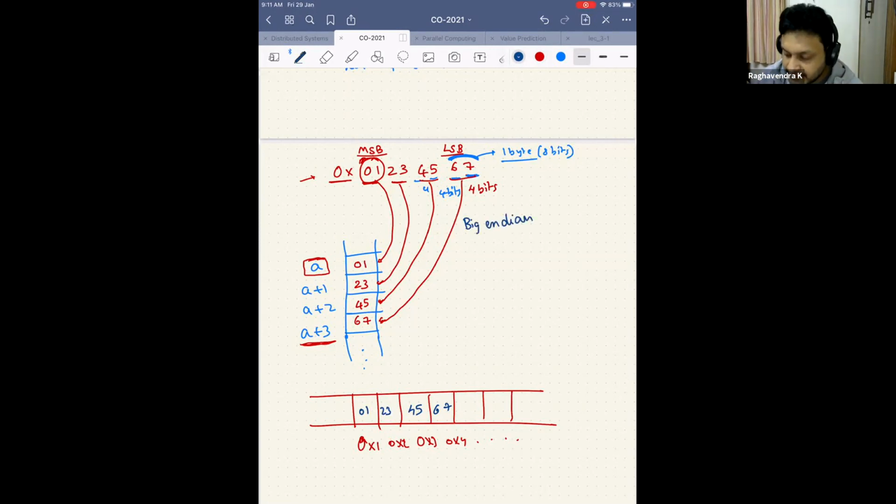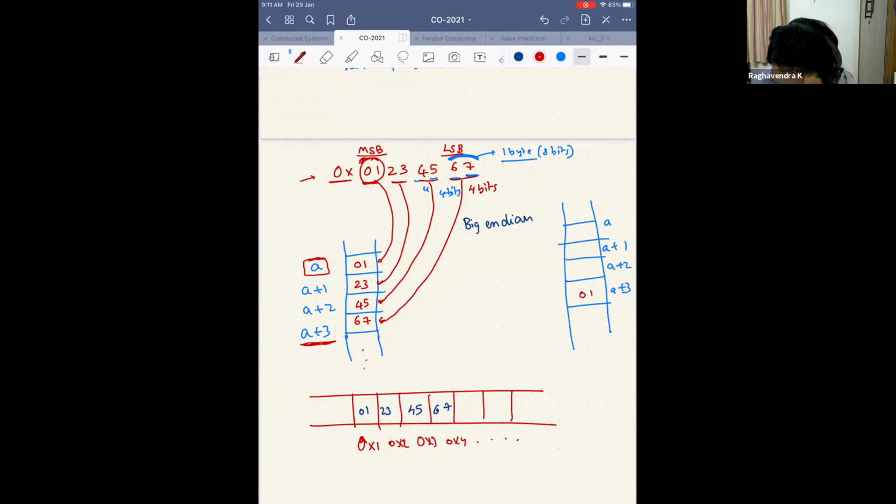And I think anybody can guess what a Little Endian format is. I have the same memory, but I don't store it this way. I store it this way. I store 0, 1 here, 2, 3 here, 4, 5 here, and 6, 7 here, which means that I store the LSB here and the MSB here.